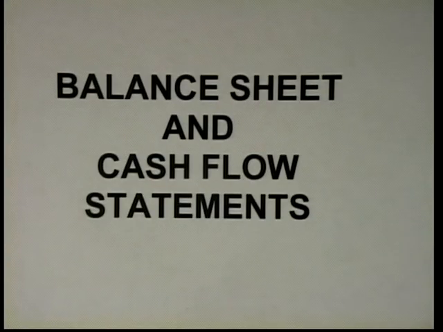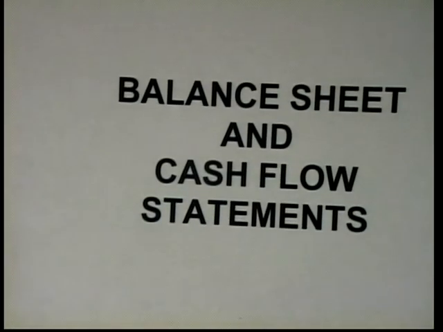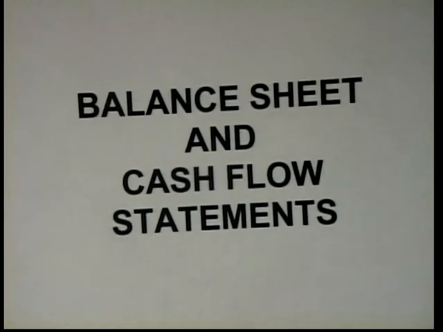Session 2, page 2, and our 3-ring binder is divided up into the 5 sessions. That's the first part of the number. Down on the bottom, session 2, page 2. That's where we're at. You can follow along in your 3-ring binder, and the information is there for you. We're going to do balance sheets and cash flow statements today.